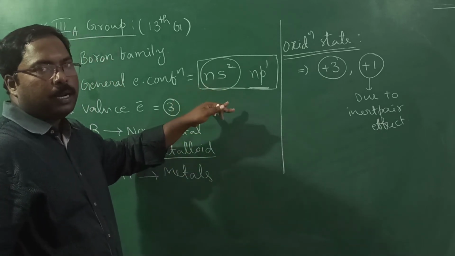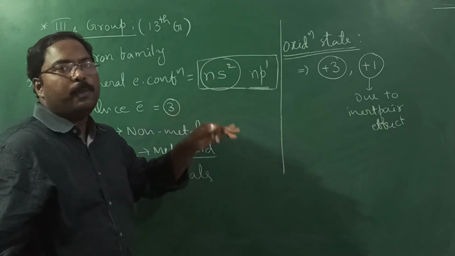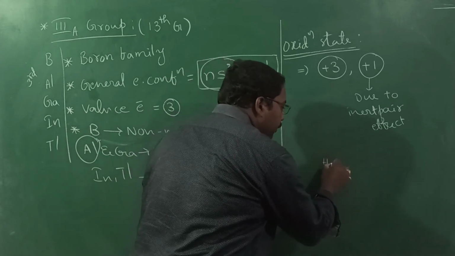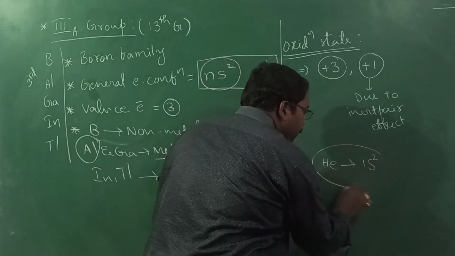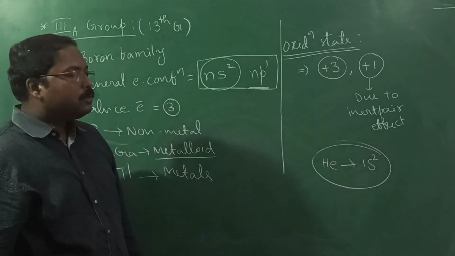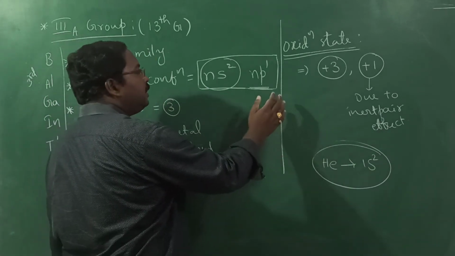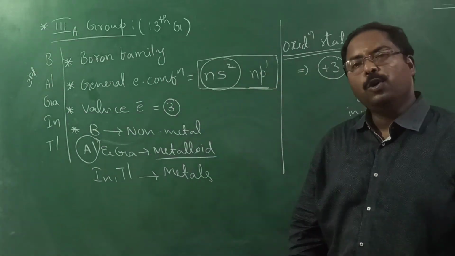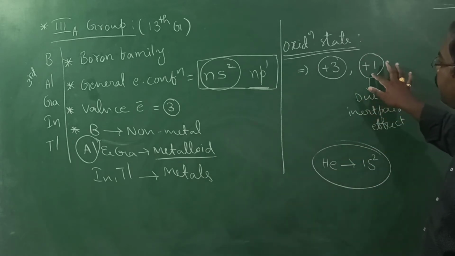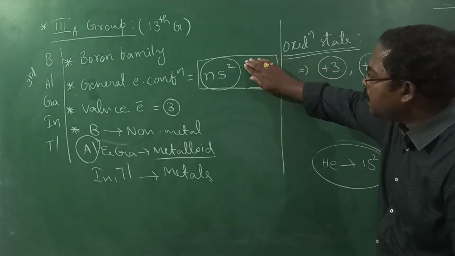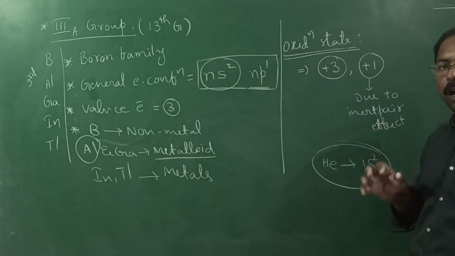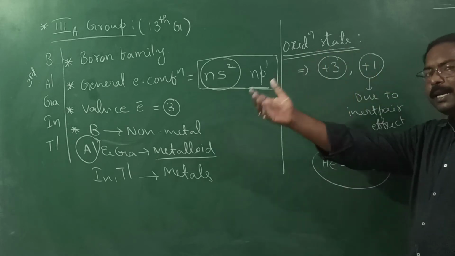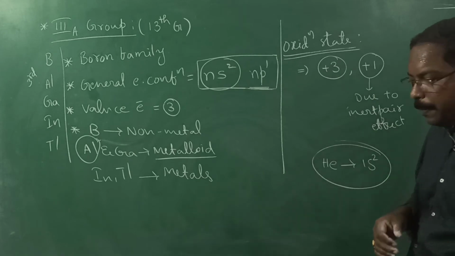Like helium, a noble gas, whose electronic configuration is 1s2, which is stable. So to get stability, the bottom elements, like gallium, indium and thallium, mainly exhibit even plus 1, because after losing the electron they get stability with a doublet configuration. The inert pair effect, definition-wise, we will discuss in detail at the end of this lesson.